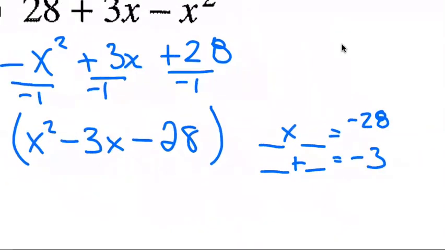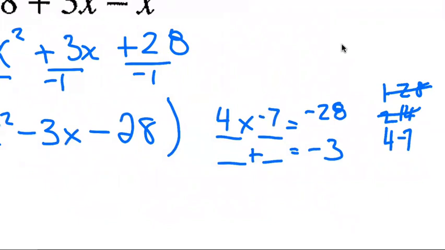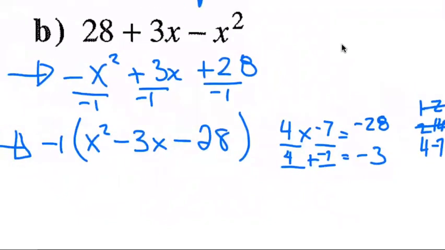So what numbers multiply to give 28? 1 and 28, I can't make that equal 3. 2 and 14, I can't make that equal 3. 4 and 7, oh, I can make that equal 3 if the 7 is negative. So it's -7 and +4. 4 times -7 is -28, and 4 plus -7 is -3.